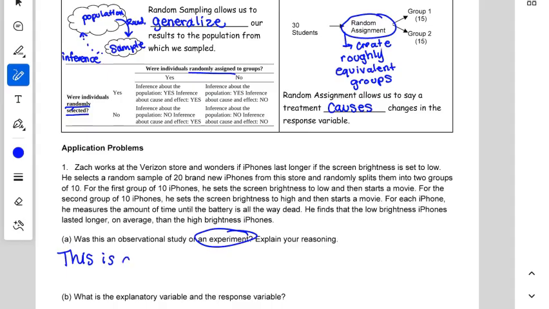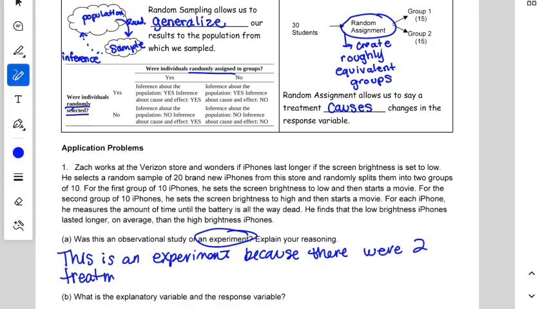So this is an experiment because there were 2 treatments. What were the 2 treatments? Low and high brightness. Yep.